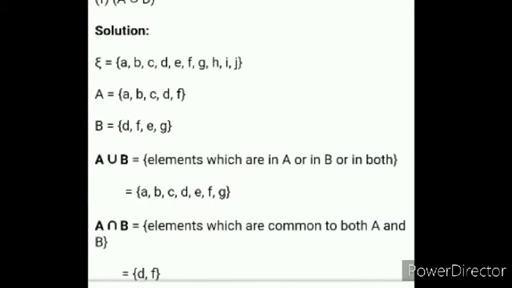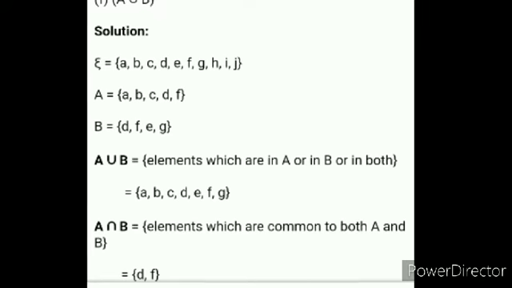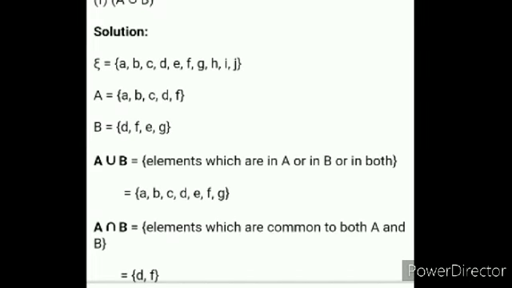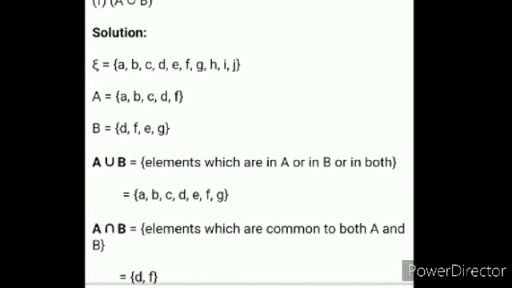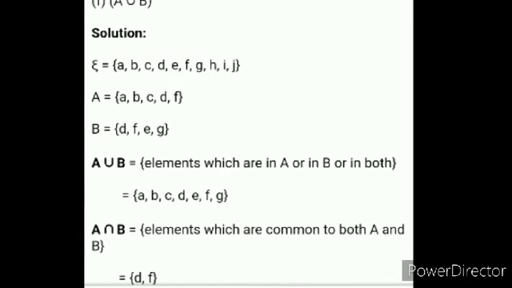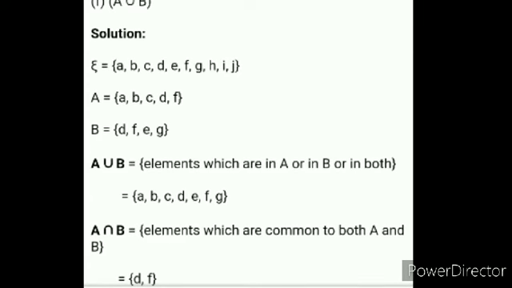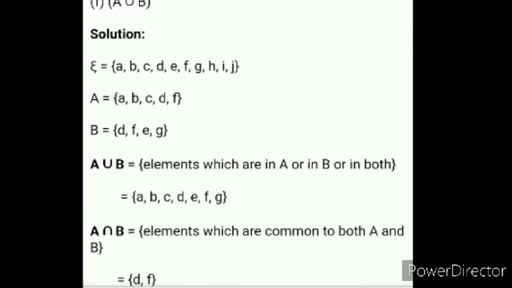For example, consider the universal set A, B, C, D, E, F, G, H, I, J, and set A is equal to A, B, C, D, F and B is equal to D, F, E, G. Then A union B, the elements which are in A or in B or in both, is equal to A, B, C, D, E, F, G. So it is our union set.